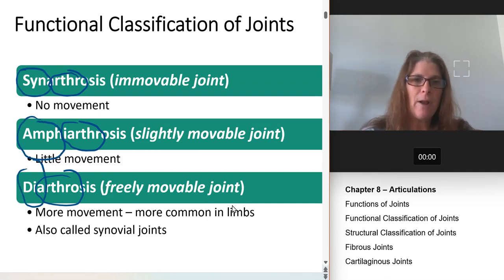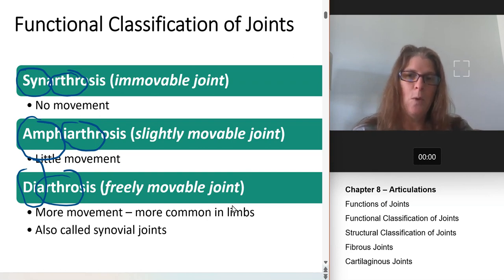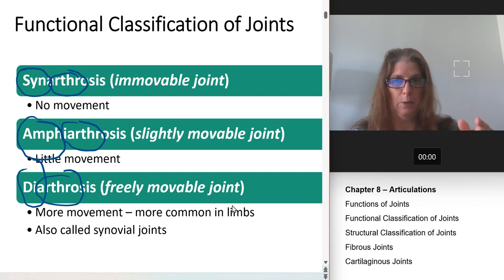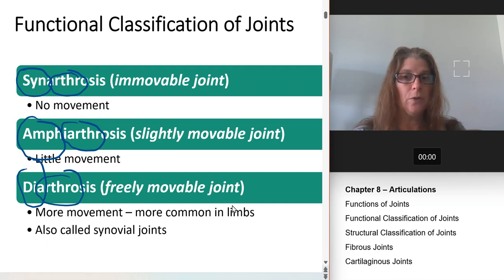So a synarthrotic joint, or the word synarthrosis, means it's an immovable joint, whereas an amphiarthrosis means slightly movable. So synarthrotic, no movement; amphiarthrosis, a little bit of movement. Whereas diarthrotic joints are freely movable, and so we call diarthrotic joints synovial joints, and these are common, as you would expect, out in your limbs and your extremities.